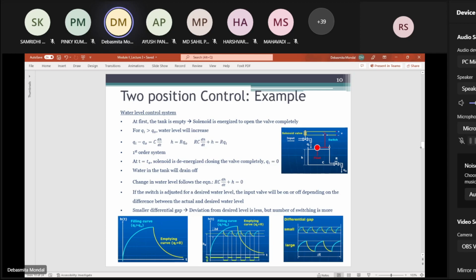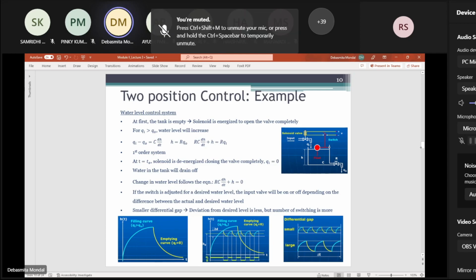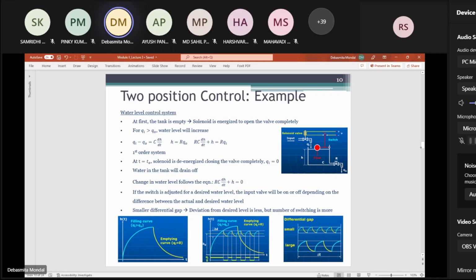If you substitute the value of Qi, after t equals T0, when the input is closed, the equation will be RC dH/dt plus H equals 0. Now if you draw the curve for H(t), this part is the filling curve.